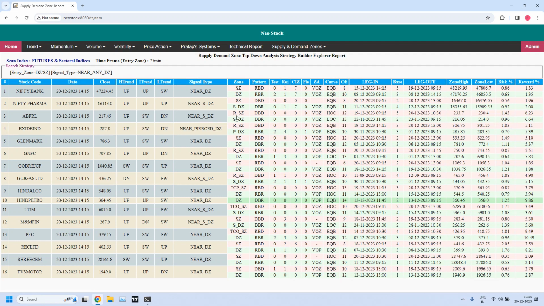So both high liquidity demand and supply zones are there. And Exide Industries, no, it is not a high liquidity demand zone. We have to look for only demand zones. Yeah, Gujarat Gas Limited, this is also high liquidity, but it is pierced. So we don't look into this zone, the pierced zone.